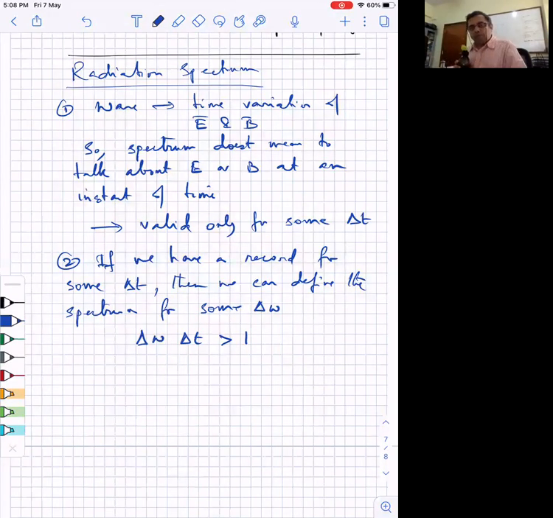But even without quantum theory, just from this wave nature of light, if I want to get a sense of the spectrum, it means that if we have a very small knowledge of my delta t, then the reciprocal knowledge is less. So both of them cannot be. If you have a larger delta t, then we have a much more precise idea of the frequency interval, so we can precisely look at the frequency. But if the delta t is small, then we cannot precisely look at the frequency.